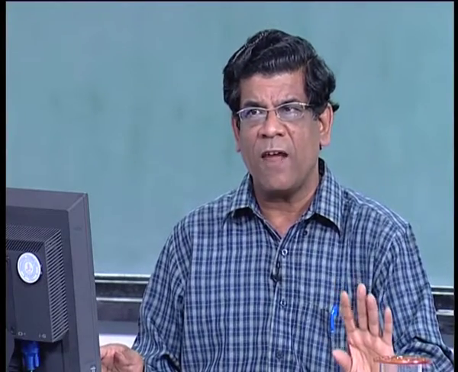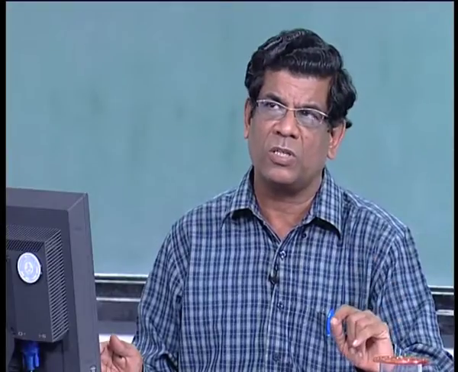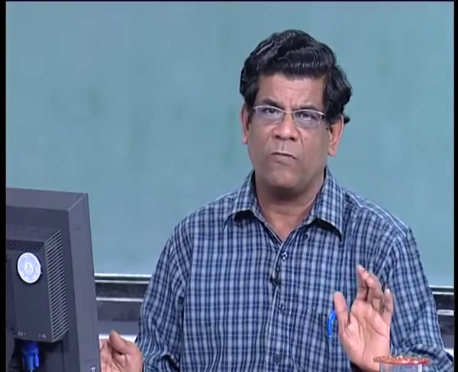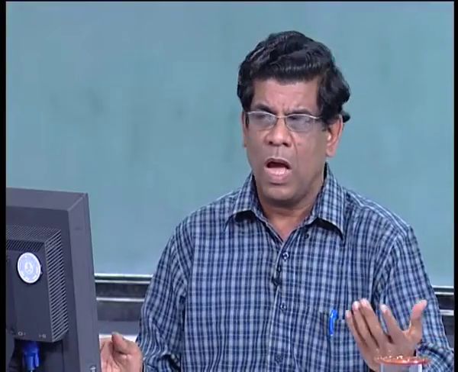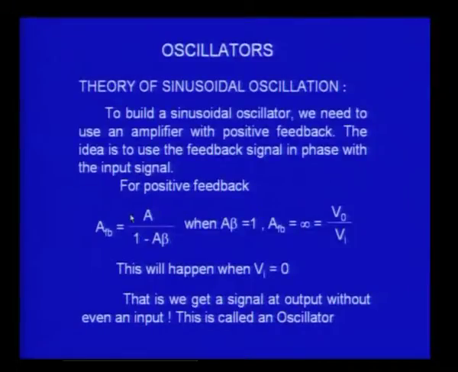We have also derived in one of the earlier lectures the expression for the gain of an amplifier with feedback, and that you can see on the screen, A by 1 plus A beta.